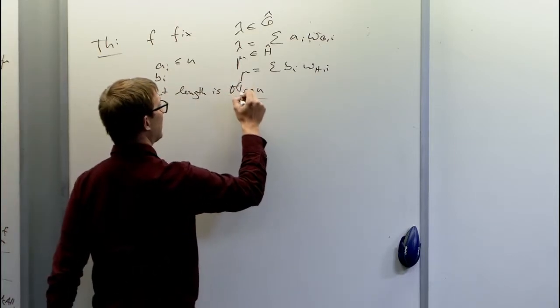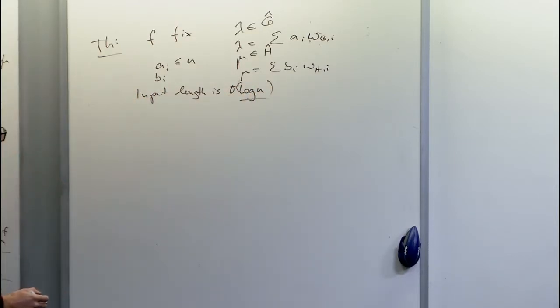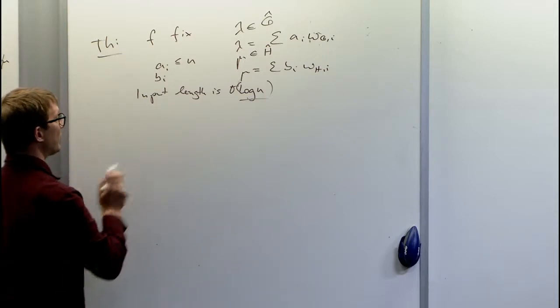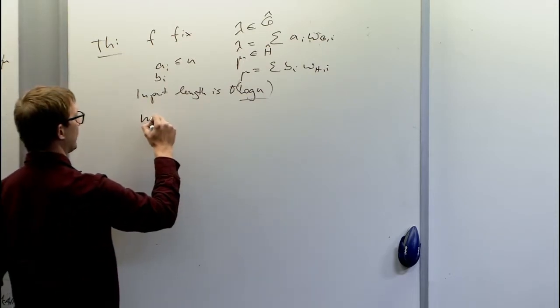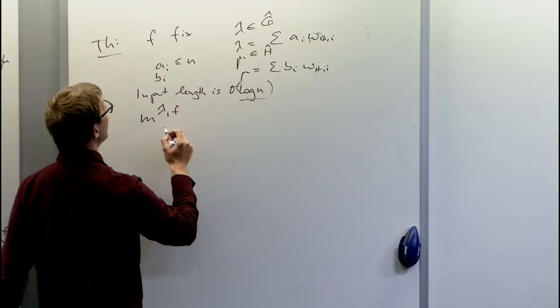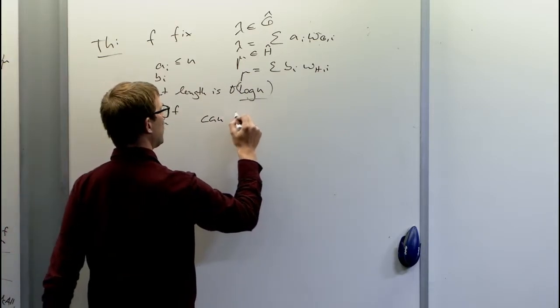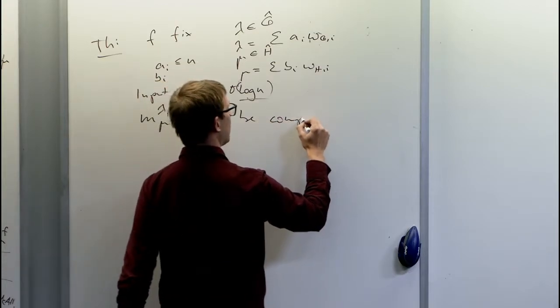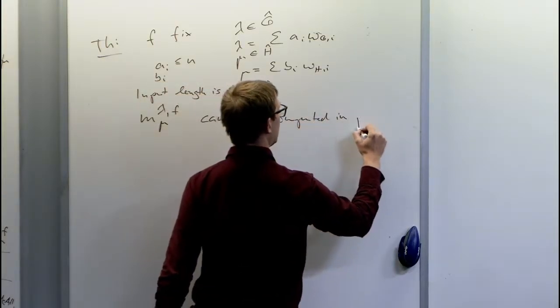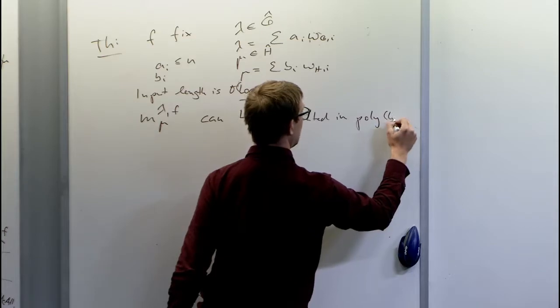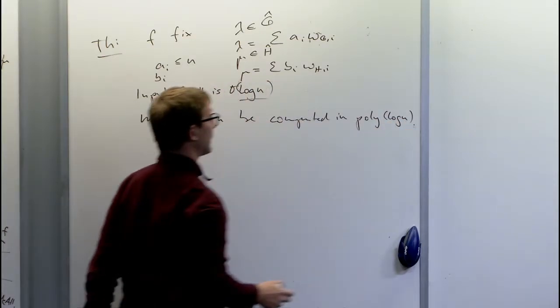I have to be precise, right? And then our little theorem says that m lambda f mu can be computed in poly log n steps.